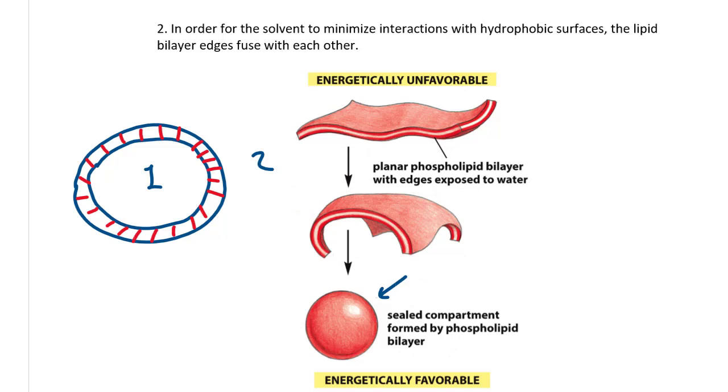This is a way of creating two compartments and it happens spontaneously. If I had some phospholipids, which you can buy from a vendor in a powder format, and you put them in water, those phospholipids will just spontaneously start to form these sealed structures.